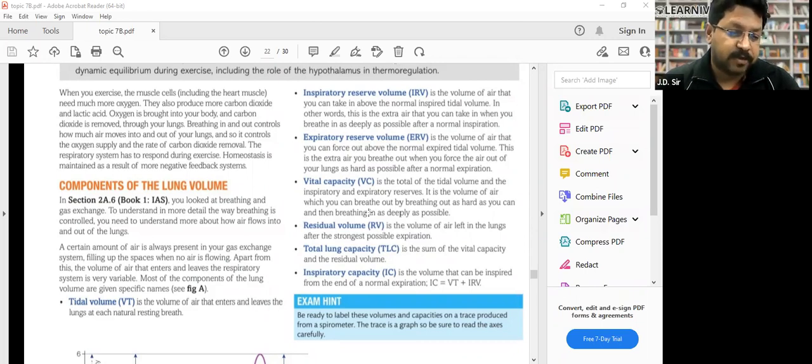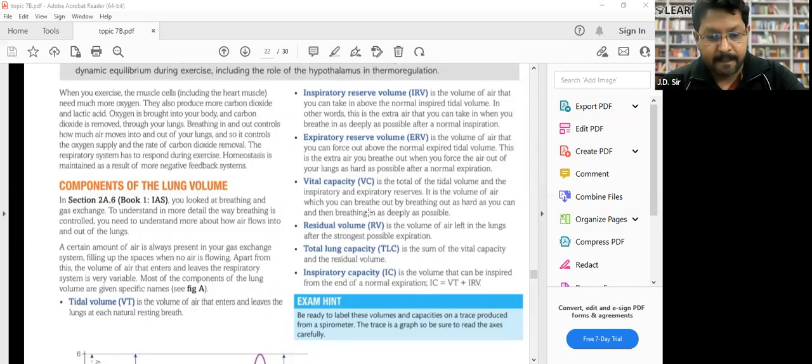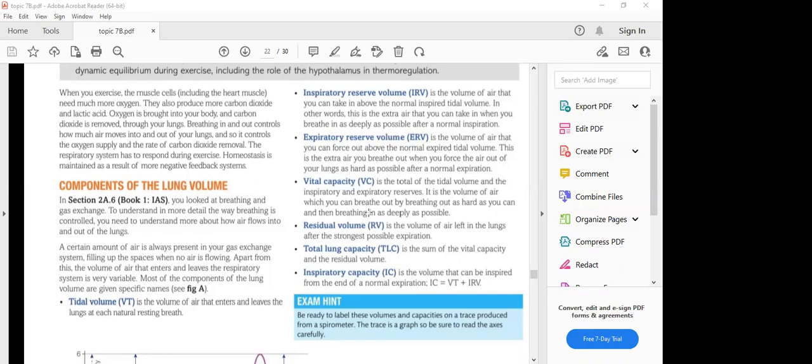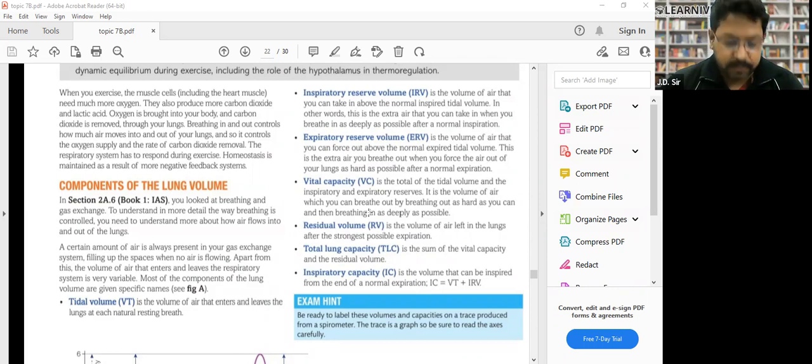So TV is 500 ml, and IRV is 2500 to 3000 ml. Got it?